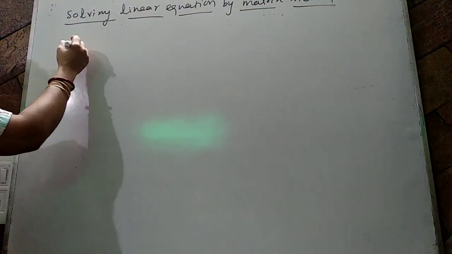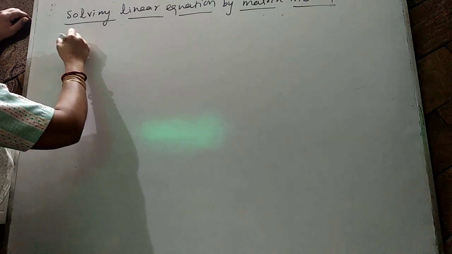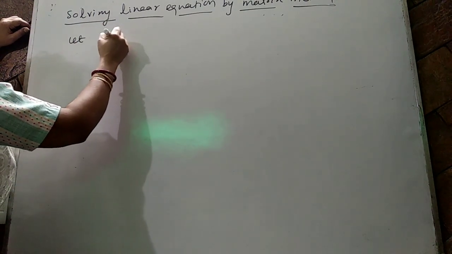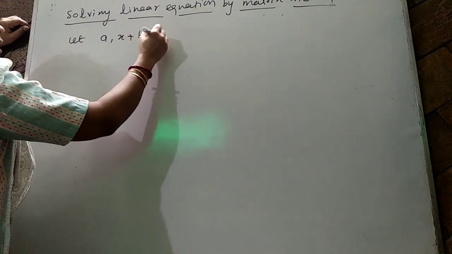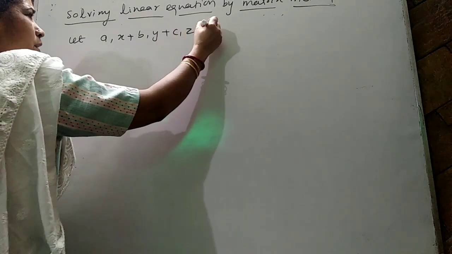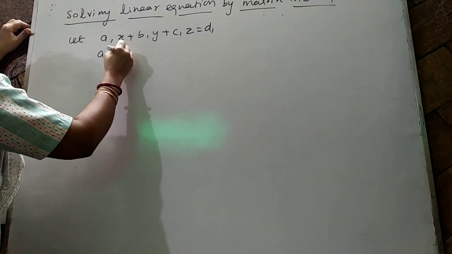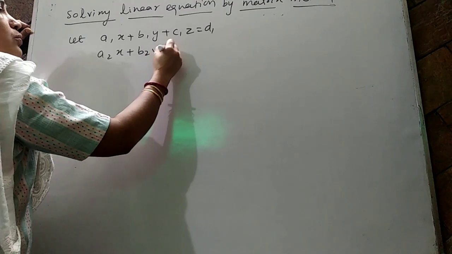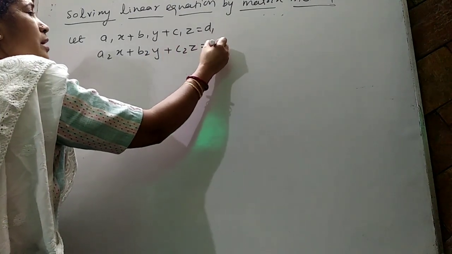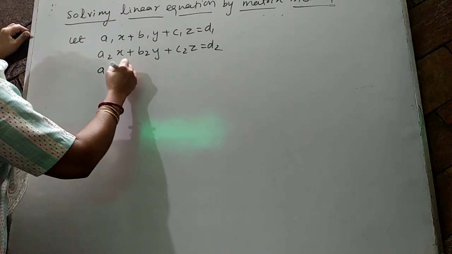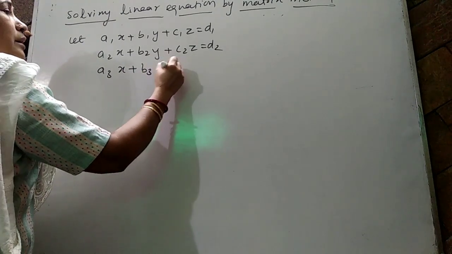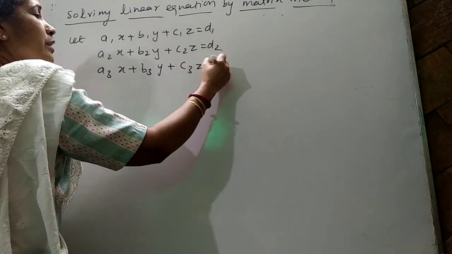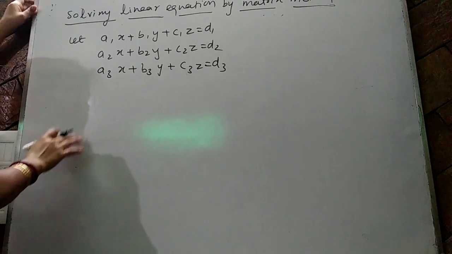So what is the matrix method? Here there are 3 equations. I am considering 3 linear equations: a1x plus b1y plus c1z equal to d1, then a2x plus b2y plus c2z equal to d2, and then a3x plus b3y plus c3z equal to d3, any 3 linear equations.